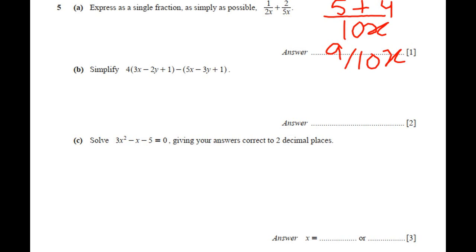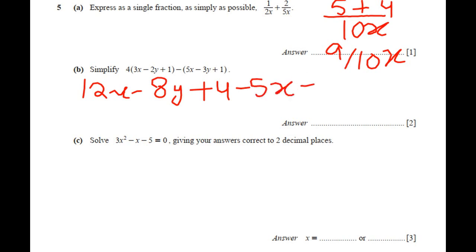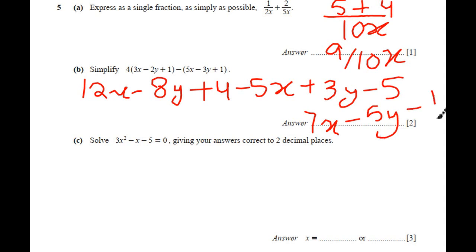Next we have to simplify, which means open the brackets, 12x minus 8y plus 4 minus 5x plus 3y minus 5. So this gives us 12x minus 5x, 7x, minus 8y plus 3y, minus 5y, plus 4 minus 5 is minus 1.